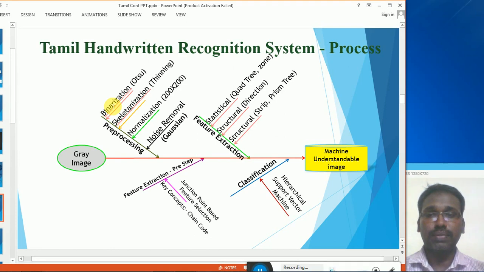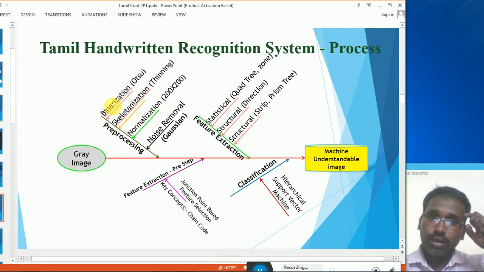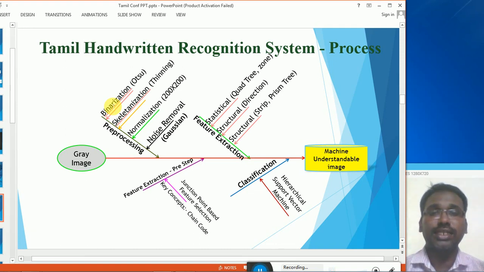Then we apply a feature pre-extraction step, which is a selection step before feature extraction. Here we apply a junction point based feature selection procedure, using a concept taken from the chain code algorithm. For feature extraction, we involve statistical and structural algorithms to get good features.